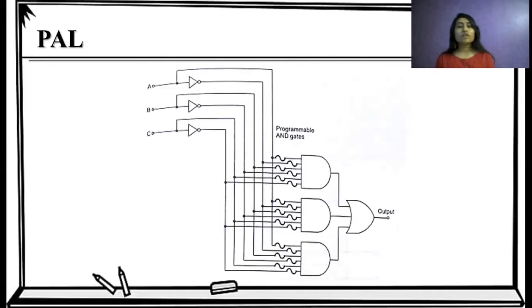Here we have a basic logic diagram of this programmable array logic. We have three input variables, A, B and C. We also have the complemented variables, A dash, B dash and C dash.